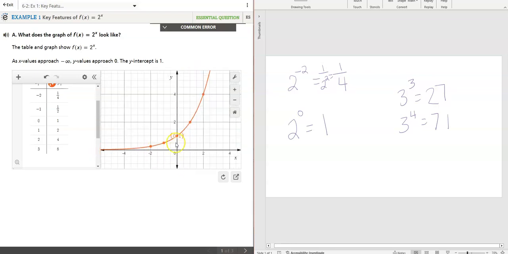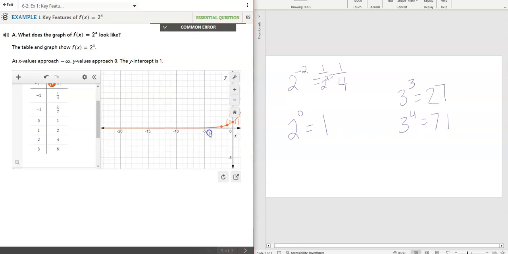What you'll also notice, though, is that back here, as I am in my negative exponents, I'm always going to get a fractional answer, which means that I'm never going to get to 0. As the x value approaches negative infinity, the y value approaches 0, but is never truly equal to 0.